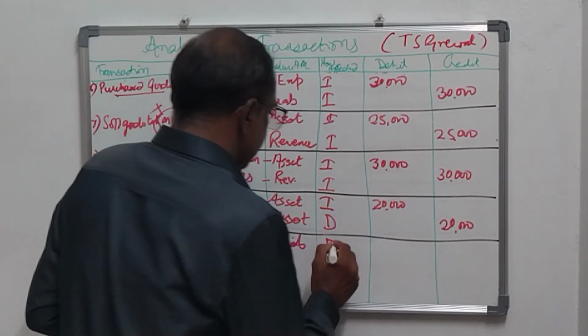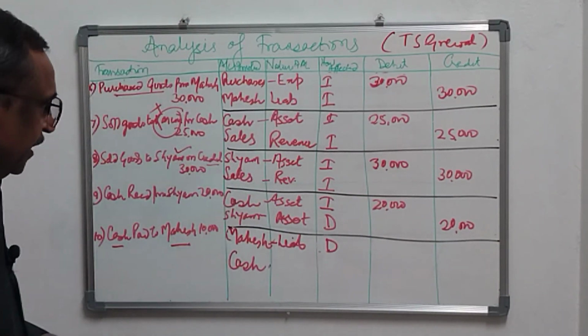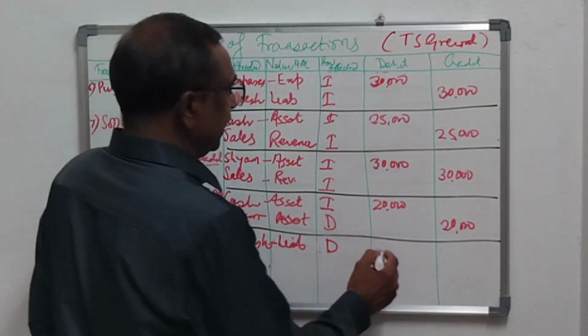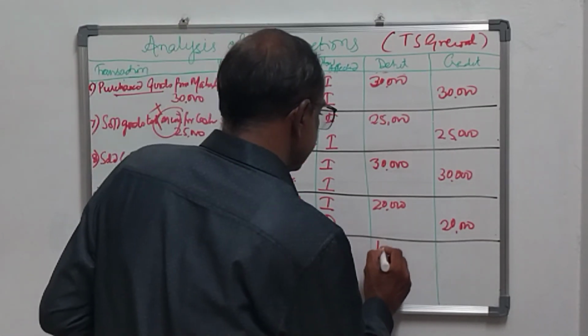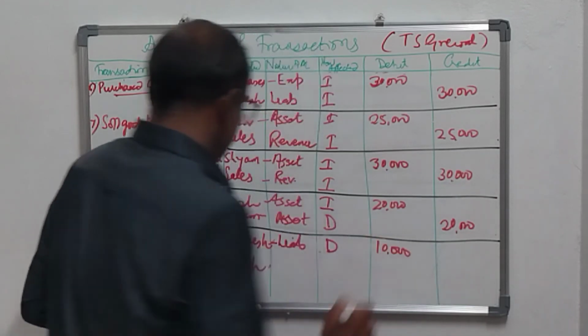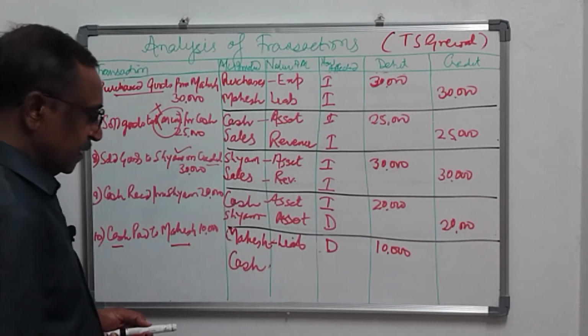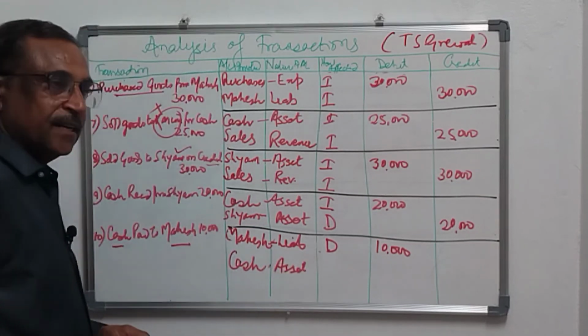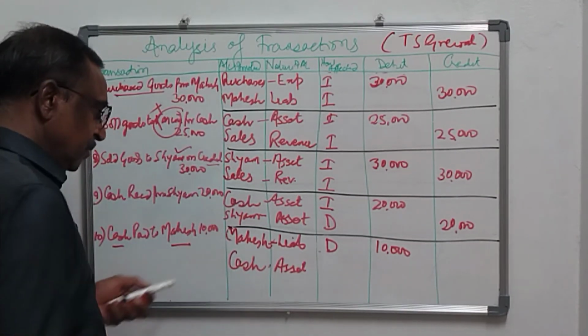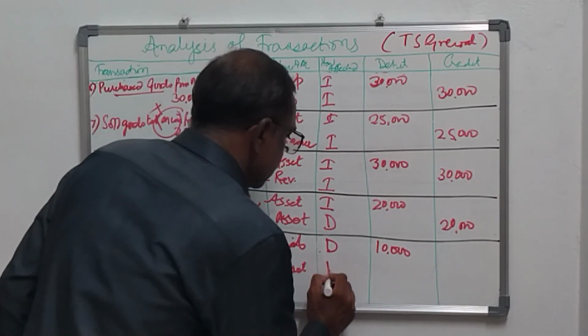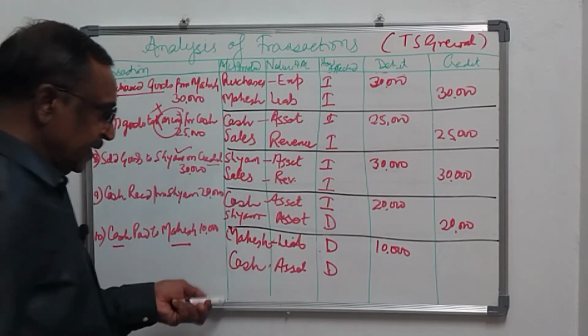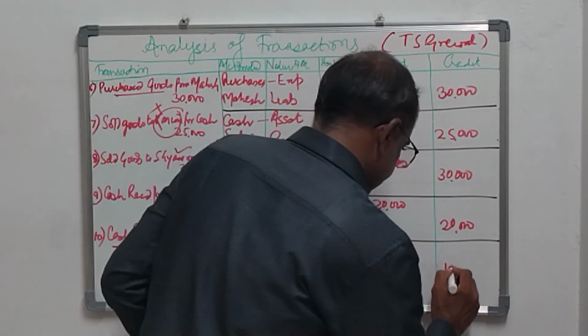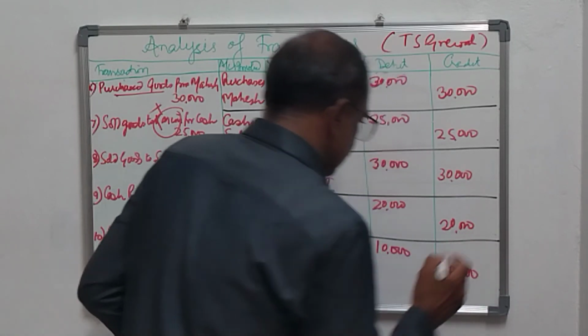So there is decrease in liability, and decrease in liability is debited. And cash is your asset. It is also decreasing because you are paying money to Mahesh. Decrease in asset is credited. Okay.